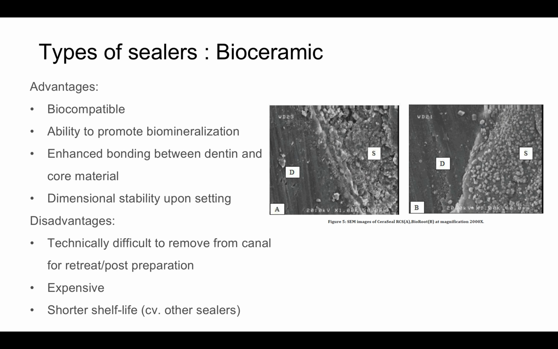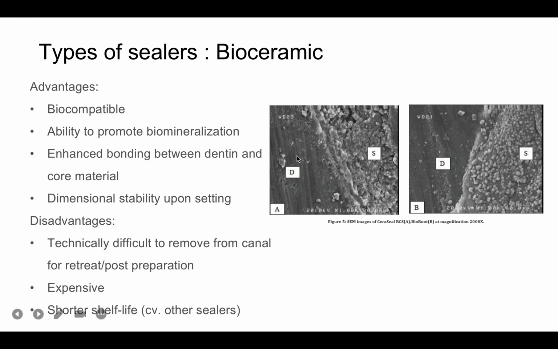Not only does it not shrink, but it also expands. So if there is any void left during the obturation, due to this expansion, the void is going to be removed. The drawbacks, of course, are that it's expensive, it's technically difficult to remove from the canal for retreatments, and of course, it has a shorter shelf life compared to other sealers.